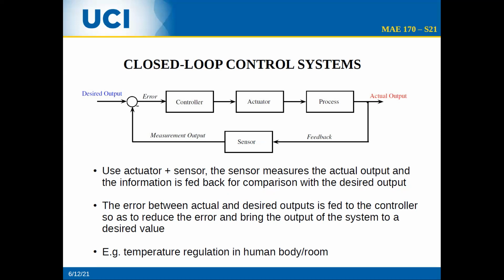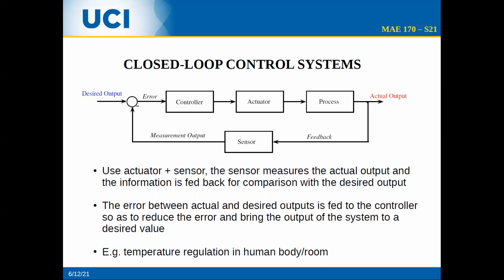I already gave you a few examples of a closed loop control system. Another one could be the temperature regulation in your body. If it is too hot, then your body starts sweating, so that your convection coefficient increases, so that you can exchange or lose more heat towards the environment, and therefore your temperature goes down.